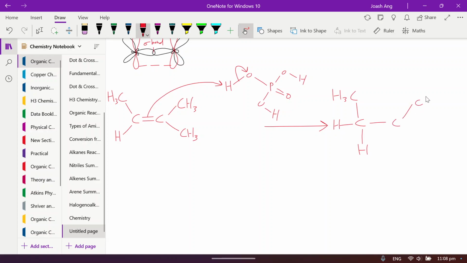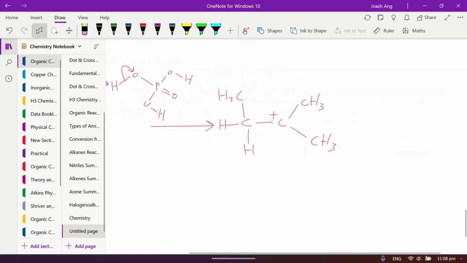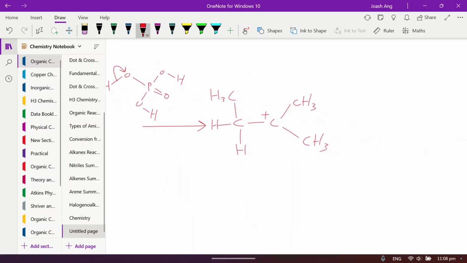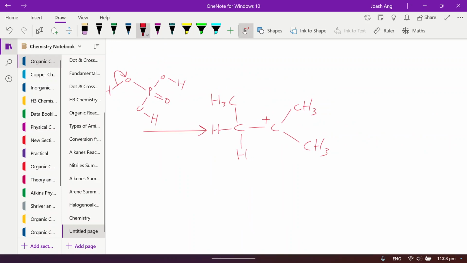Okay, so I'll form this carbocation that is very stable due to 3 electron donating groups increasing the electron density of the positively charged carbon of the carbocation. And we'll see that a stable leaving group right here is being formed.